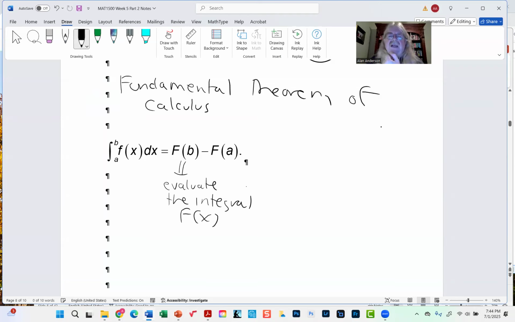Remember, we're using capital F to represent integrals. Lowercase f is the original function. Evaluate the integral at b, or at x equals b. Do the same thing here with a.